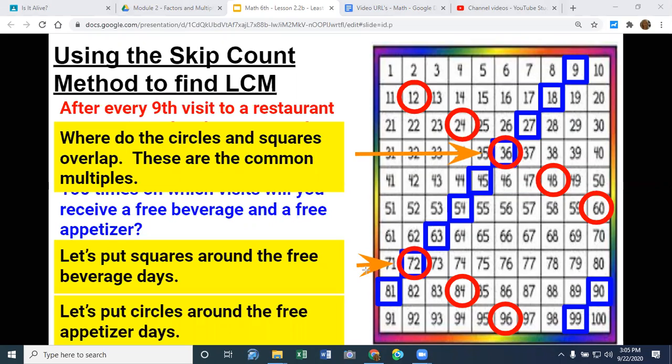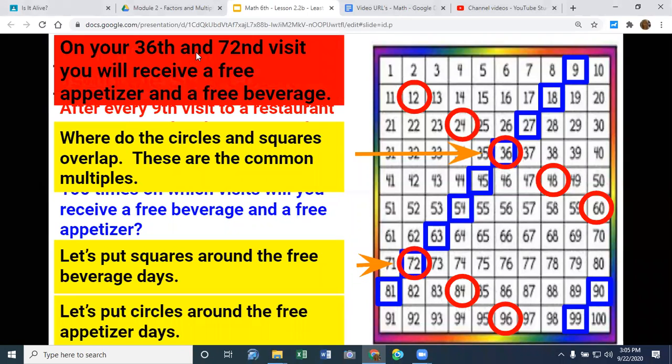Do we see them anywhere else where they overlap? No, we don't, do we? On your 36th and your 72nd visit, you will receive a free appetizer and a free beverage at the same time. So that's another method you can use.